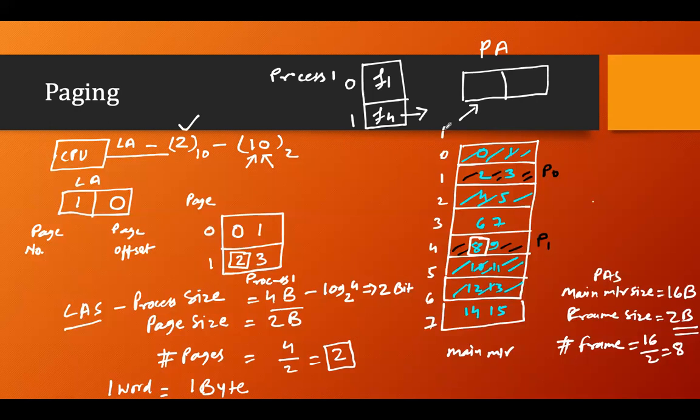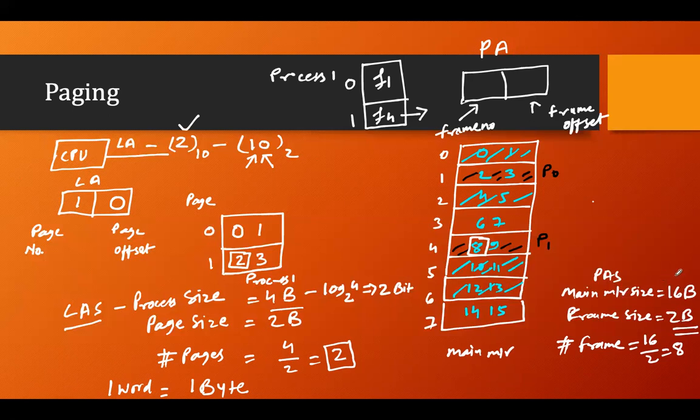One is the frame number, and the second is the frame offset. Now, what is the frame number that we are getting? Frame number is 4. So for representing number 4, how can we convert it into binary?